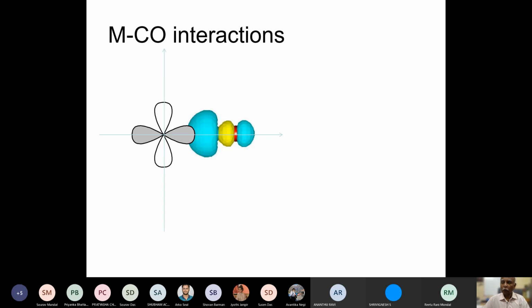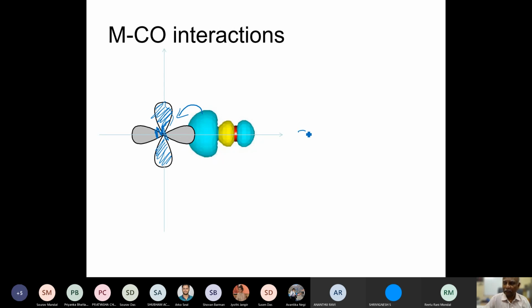So every carbon monoxide that comes in along the axis can now interact with an empty orbital on the metal. So this is the metal, and there are 6 empty orbitals. These are hybrid orbitals, all of them empty, and they can accept electron density from the carbon monoxide into the metal.